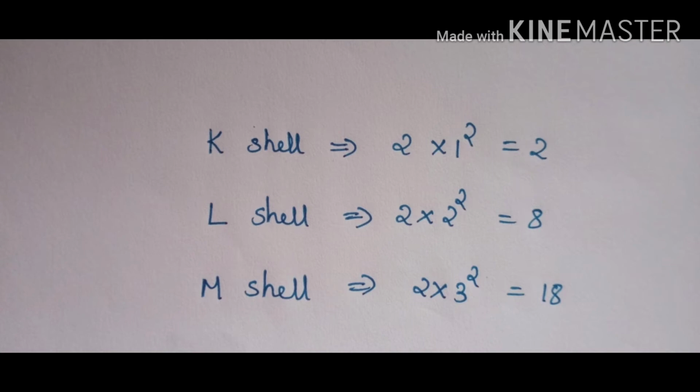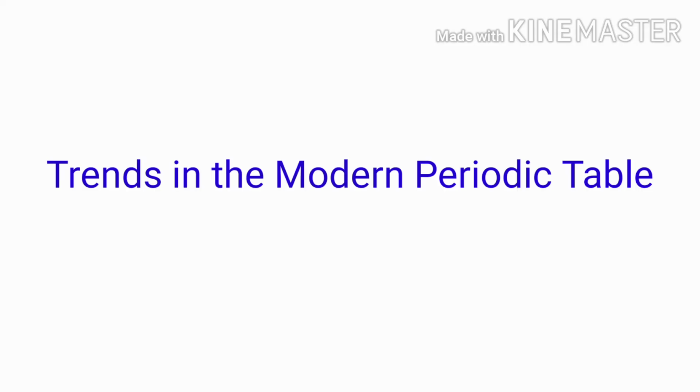This is well explained in the new method of writing electronic configuration of an element based on the quantum mechanical model of atom that you will study in higher classes. Actually, the method of writing electronic configuration of an element as 2, 8, 18 in various shells is based on Bohr atom model.